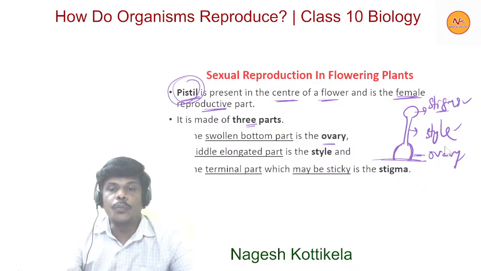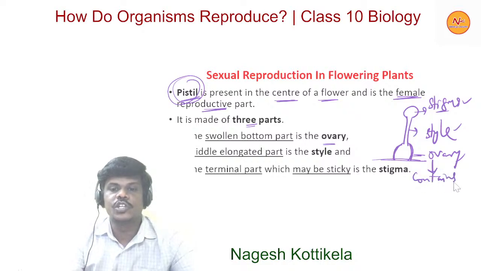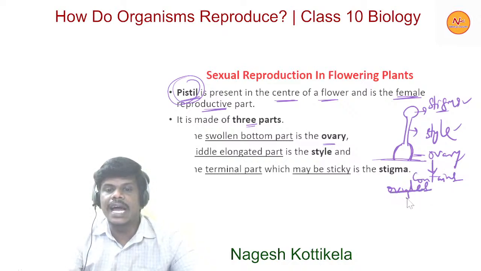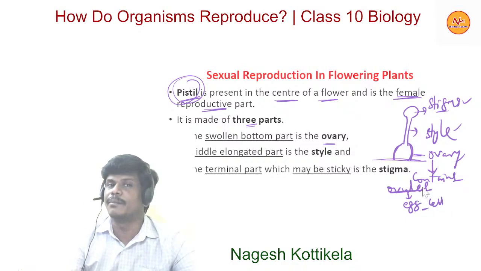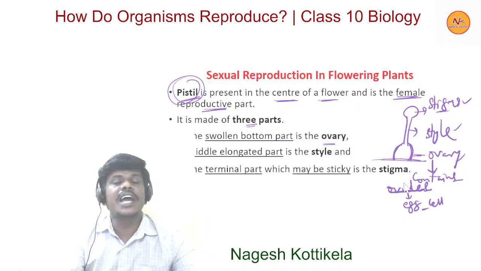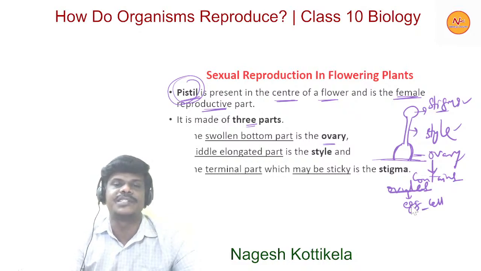Now the ovary contains ovules inside it. Okay, and the ovule has an egg cell, which is a female gamete. I repeat this once again. Inside the ovary, ovules are present. Inside the ovule, the egg cell is present, and this egg cell is a female gamete.